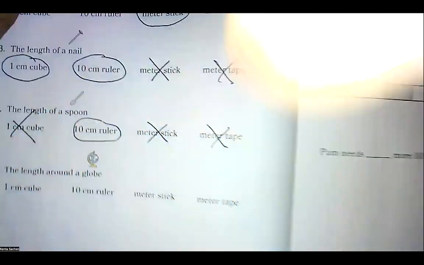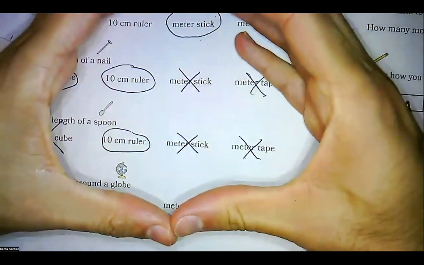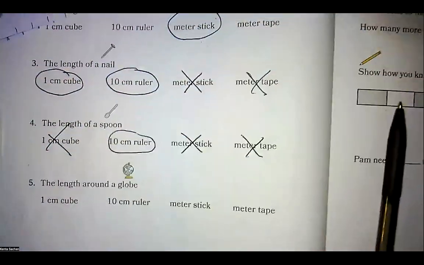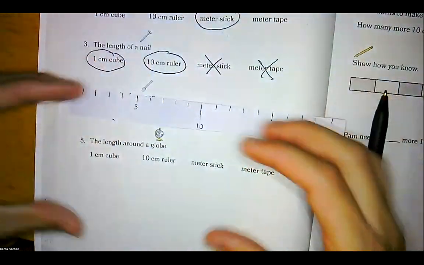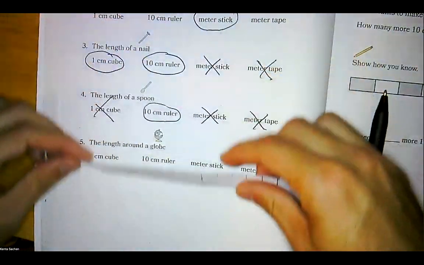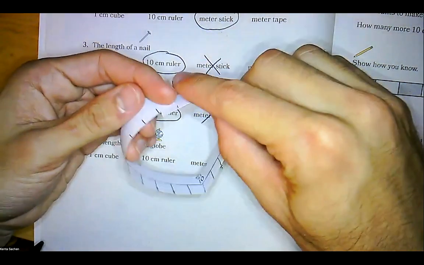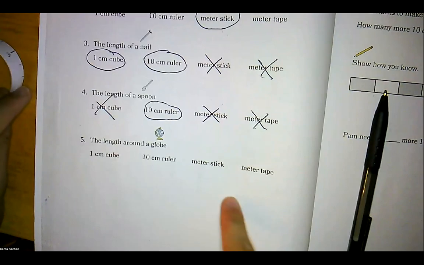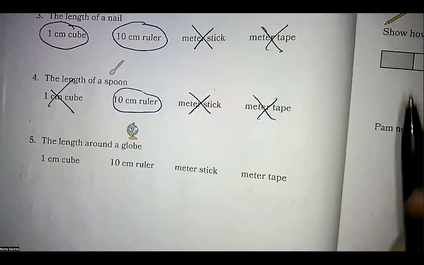Now, how about the length around a globe? Now, remember, a globe is a round thing, and it's kind of hard to measure a round thing with a flat ruler. So we're going to need something that bends around. Do you remember which of these things bends and can help us measure the round globe?